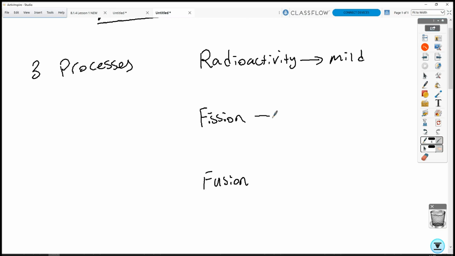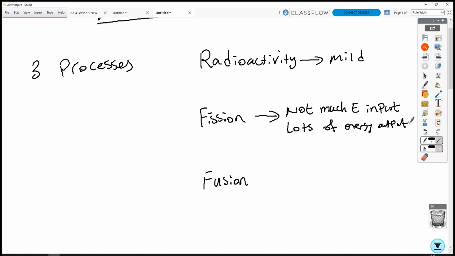For fission, you have to put a little bit of energy in to get fission started, and lots of energy comes out as a result. So not much energy input, but we get lots of energy output. That's why we can use these in things like nuclear weapons or in nuclear reactors to generate energy.